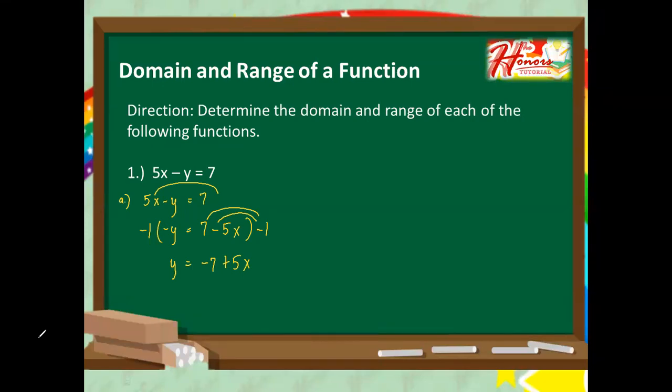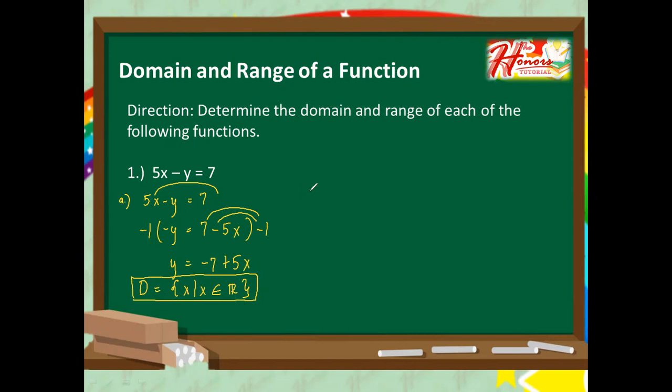So if your value of y is a polynomial, automatically your domain should be D, or the domain is equal to the set of all x such that x is an element of a real number. And that's it. That is for the domain. Again, if your value of y is a polynomial, automatically your domain should be written like this.